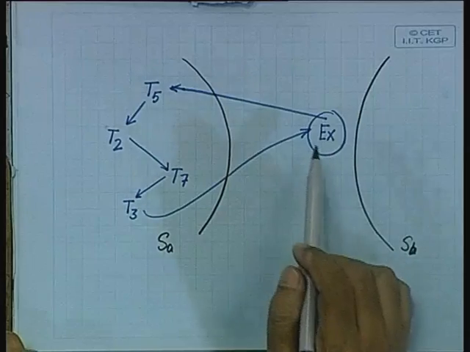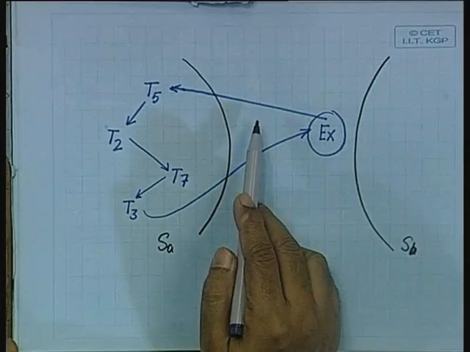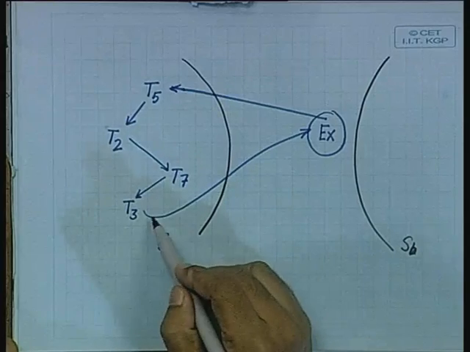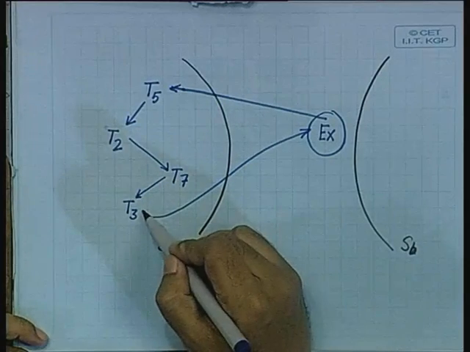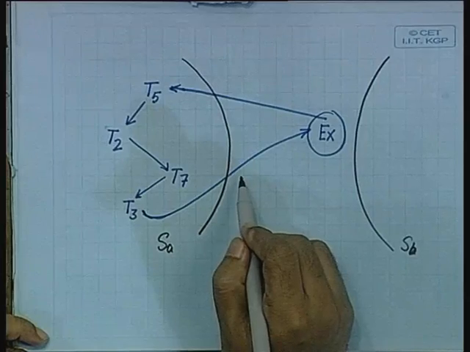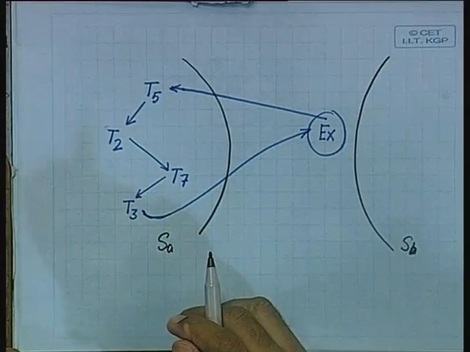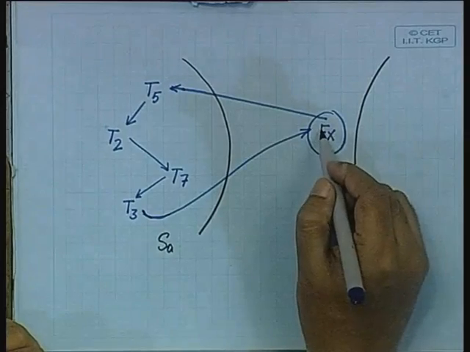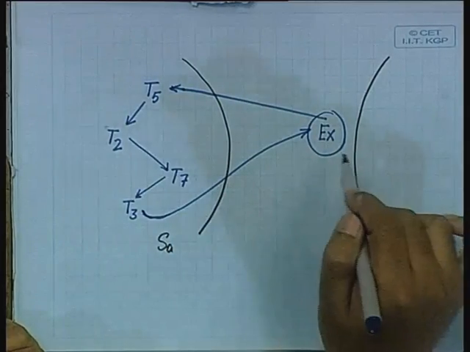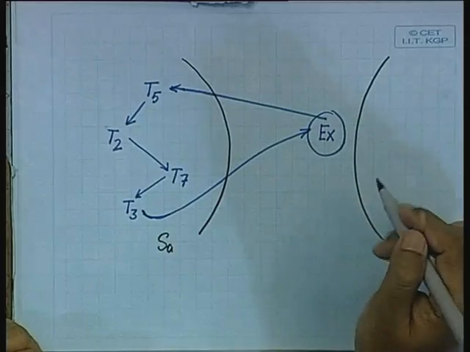So, it locally looks for cycles through Ex and then it looks at which is the site on which T3 is blocked. It sends a request to that site to send its wait for graph, and then it reconstructs the wait for graph using the path that is received from there.